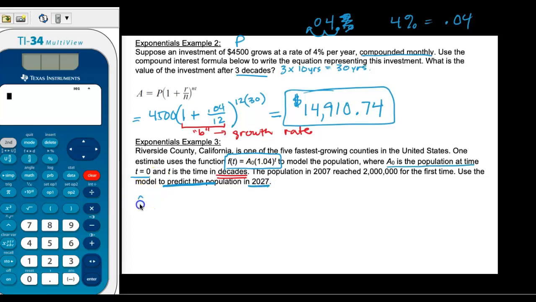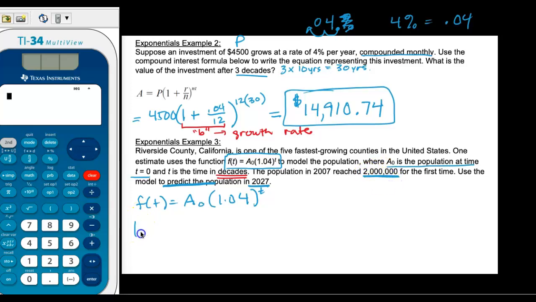Okay, so I'm going to write down my function. We were told a sub 0 is the population at time 0. So we need a population, and the only population that we were given was that 2 million.